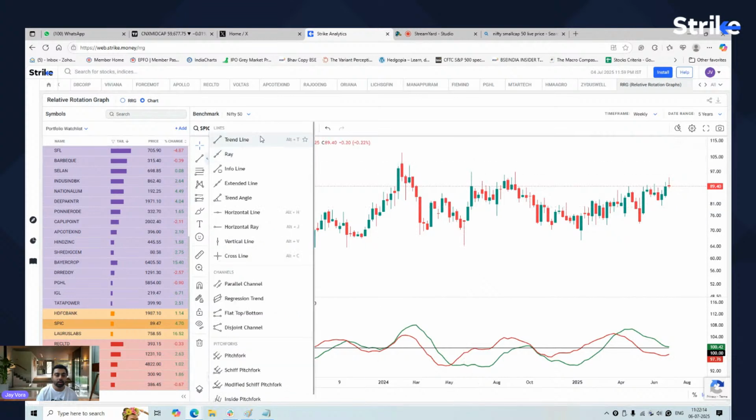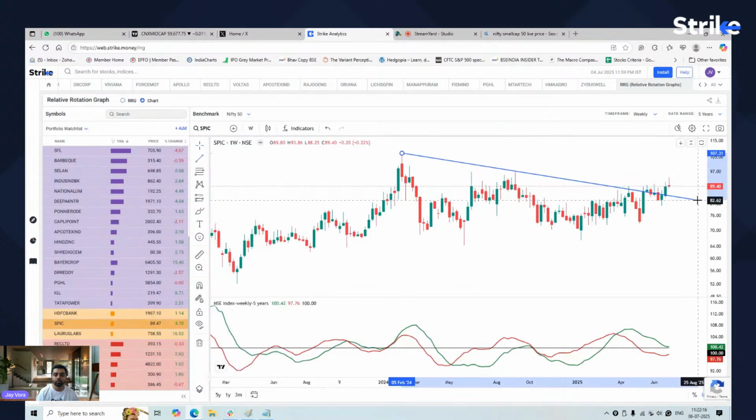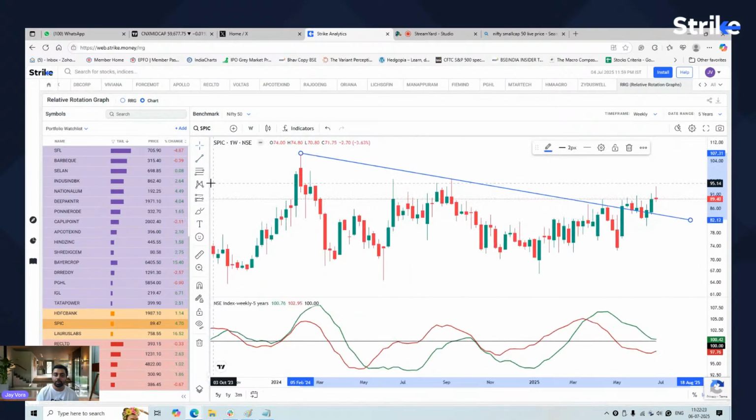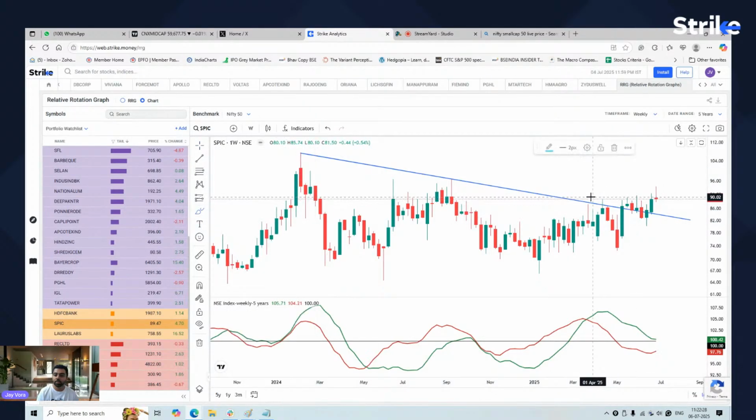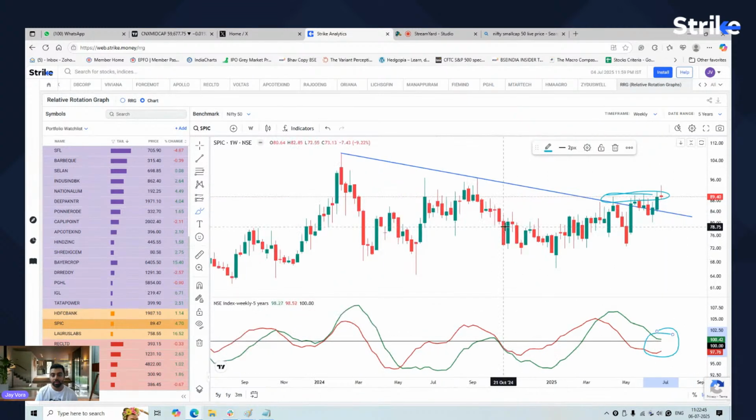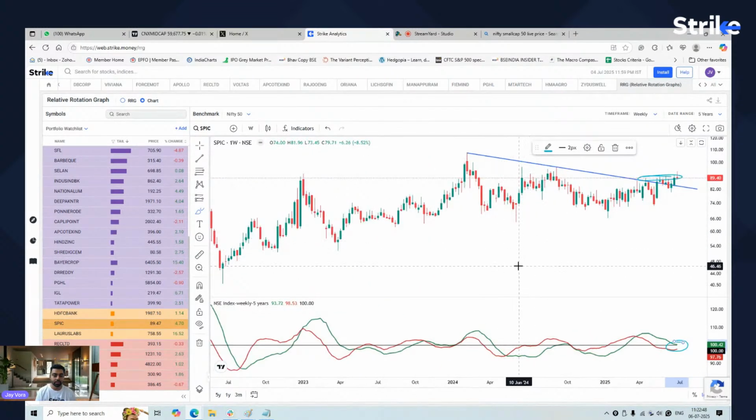Now, when I see the chart, the first thing that looks to me is that it has broken out from this falling trend line, but somehow it is still not able to break this resistance decisively. So I would keep a very close eye on what this stock is doing. Maybe at the break of the consolidation, I will see how the RRG is also behaving, and that might get me actually interested in this stock.